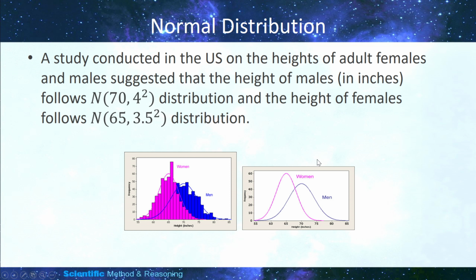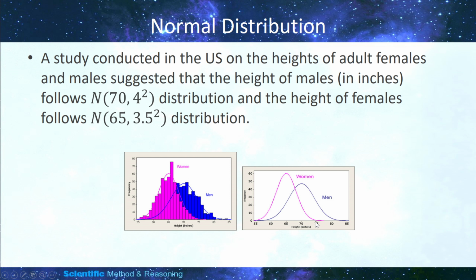Okay, and to find a normal probability, for example, what is the probability that y is less than 75, for a male subject in the United States? Probability of y less than 75 means what is the probability that a randomly selected subject has a height less than 75. That means we would like to find the area to the left of 75.